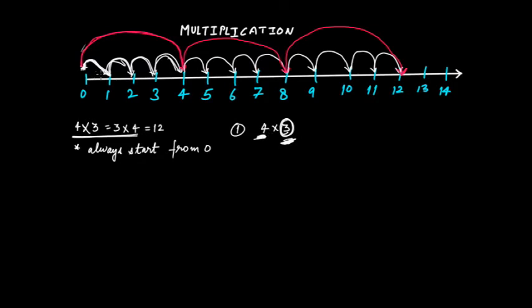So these 4 small jumps are making one big jump. And the count of big jumps would be equal to this number, and the count of small jumps would be equal to this number.